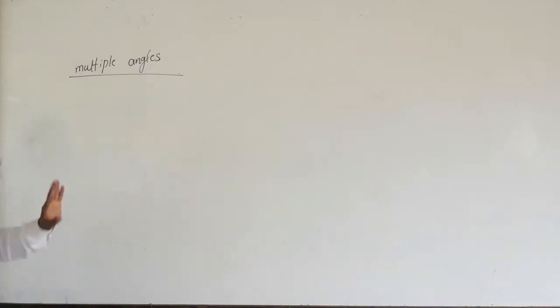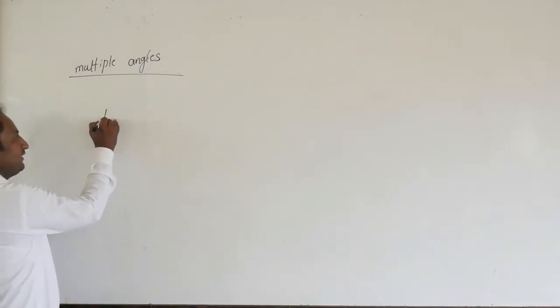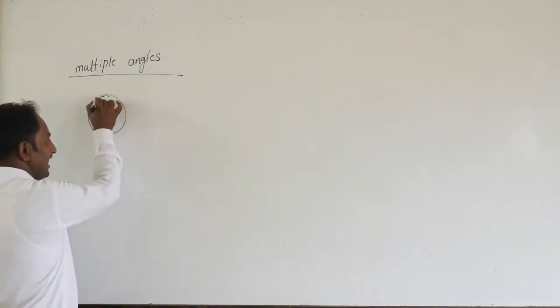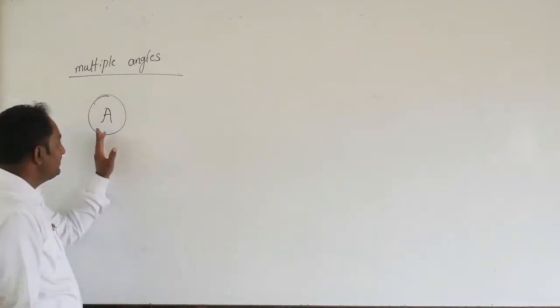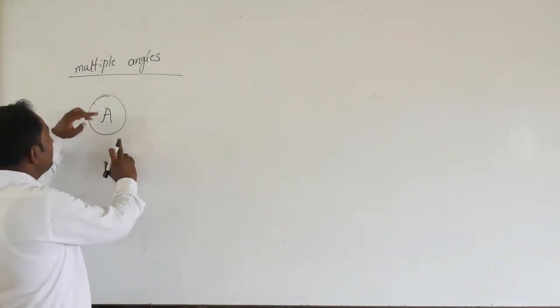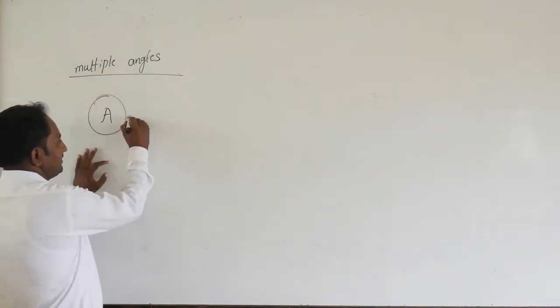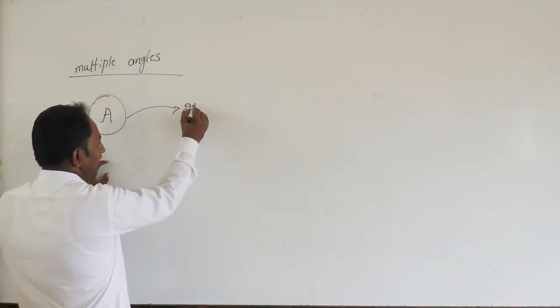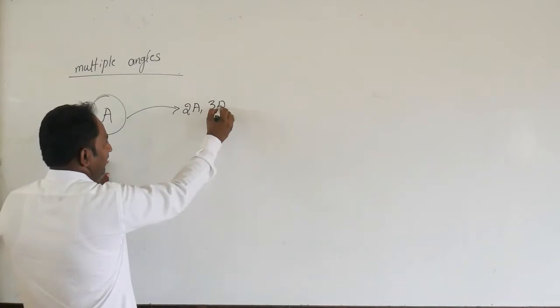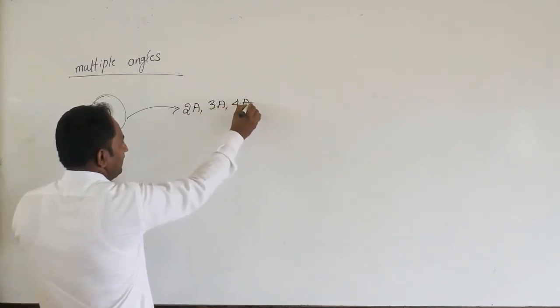In this concept, A is a given angle. Then multiples of this given angle are represented by 2A, 3A, 4A, and so on.